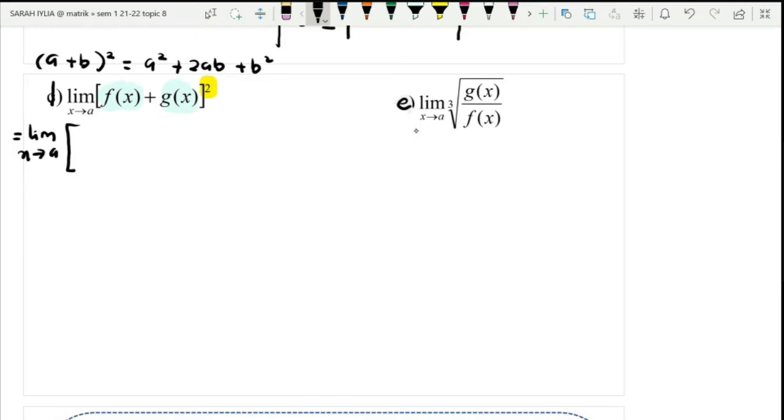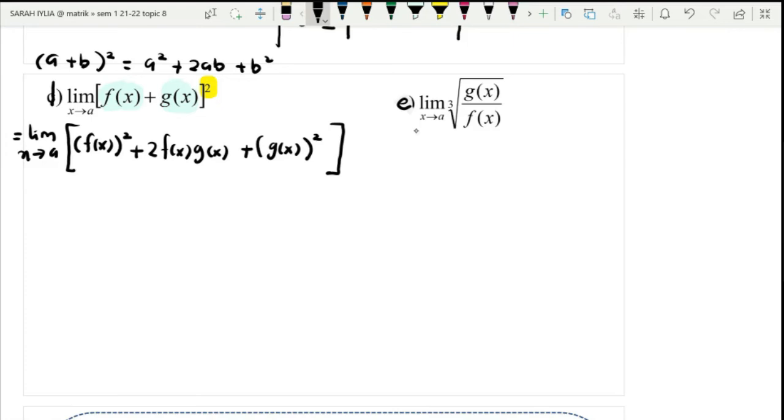the first function squared, so it becomes fx squared. And then plus 2ab, so 2 times fx times gx. And then plus the second function, gx squared. So the whole thing of gx is also squared. Okay.